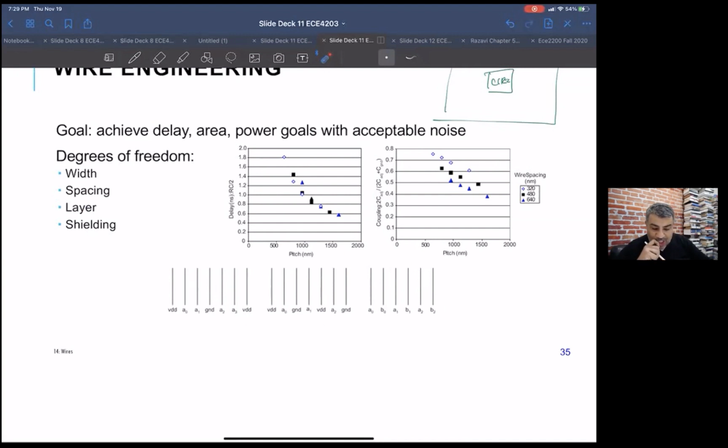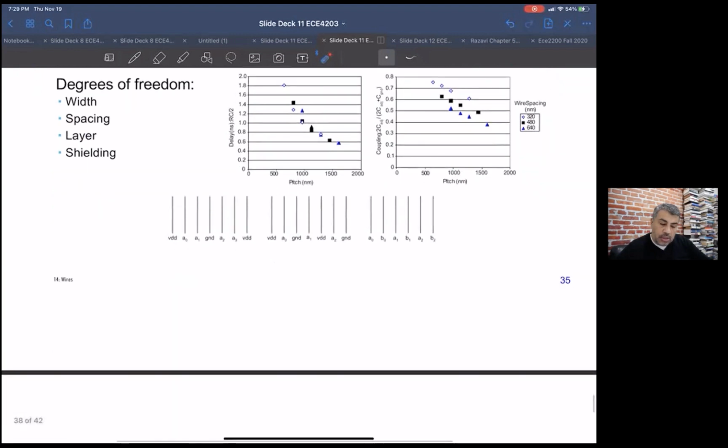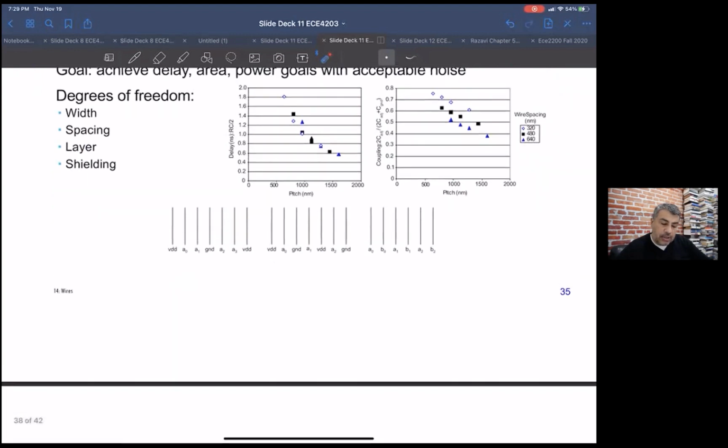By the way, one of the things I always thought, back in the day, you could count on your upper layers. You had your lower layers and your upper layers, and you always thought, great, if I want lower capacitance, I go to these upper layers because the capacitance to ground is lower. But that's no longer really the case.